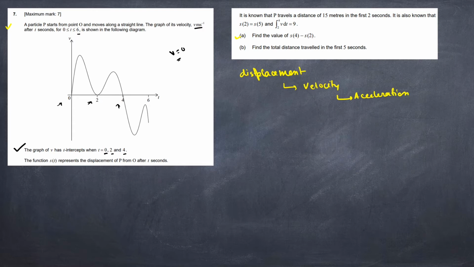These are related in this format. If displacement is denoted by f(x), then velocity will be f'(x) and acceleration will be f''(x). So acceleration is the derivative of velocity, and velocity is the derivative of displacement with respect to time.